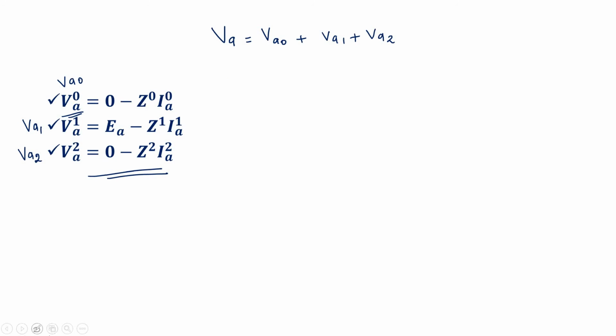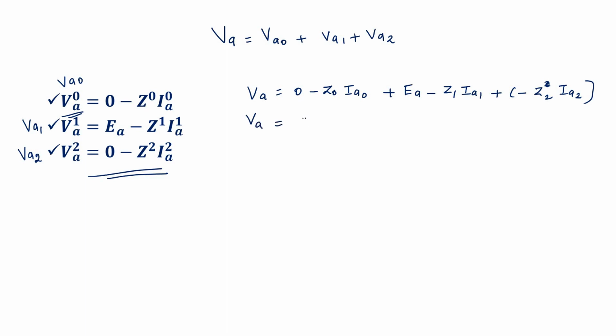What is Va0? 0 minus Z0 into Ia0. Then Va1 is Ea minus Z1 into Ia1. And the last one is minus Z2 into Ia2.